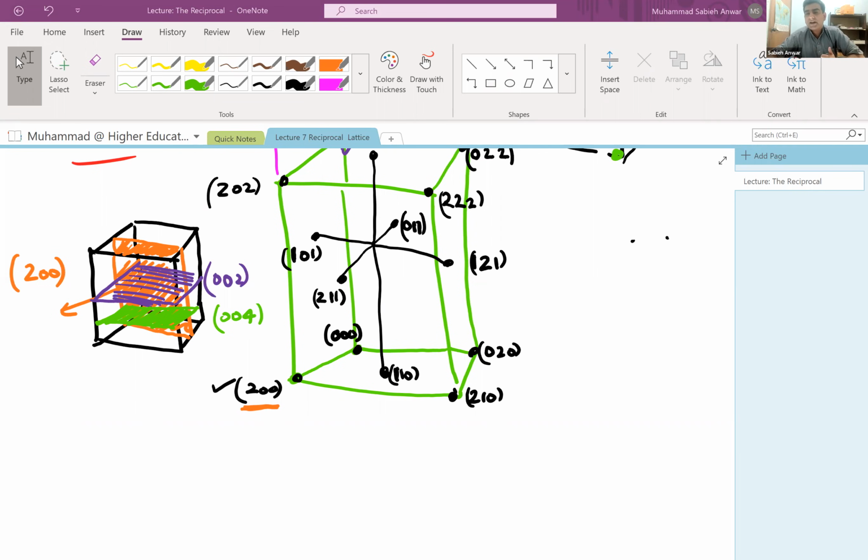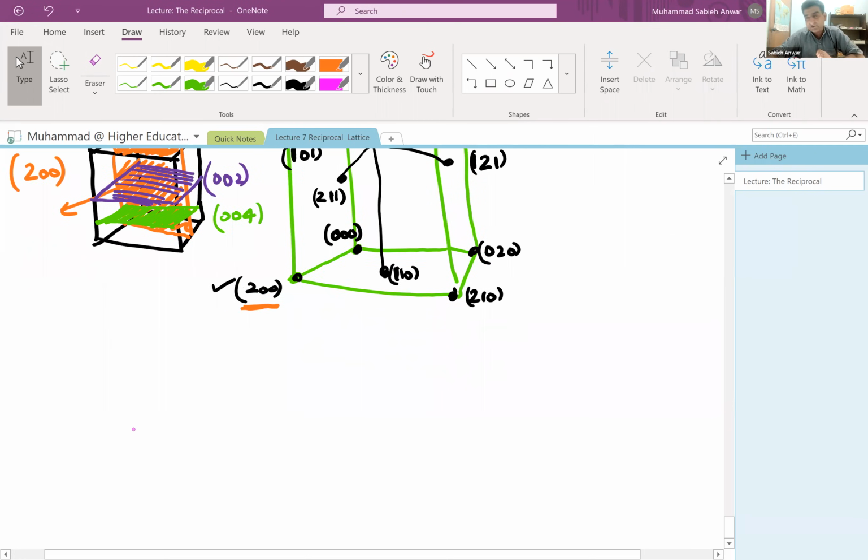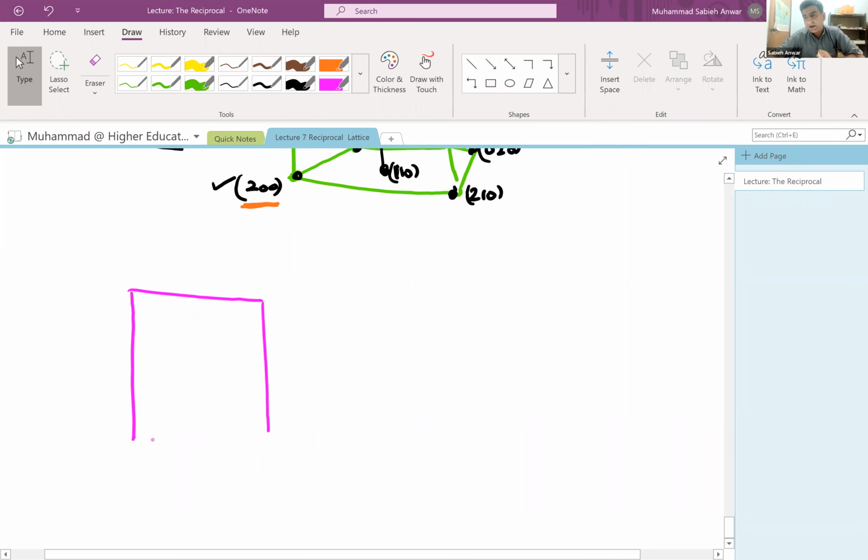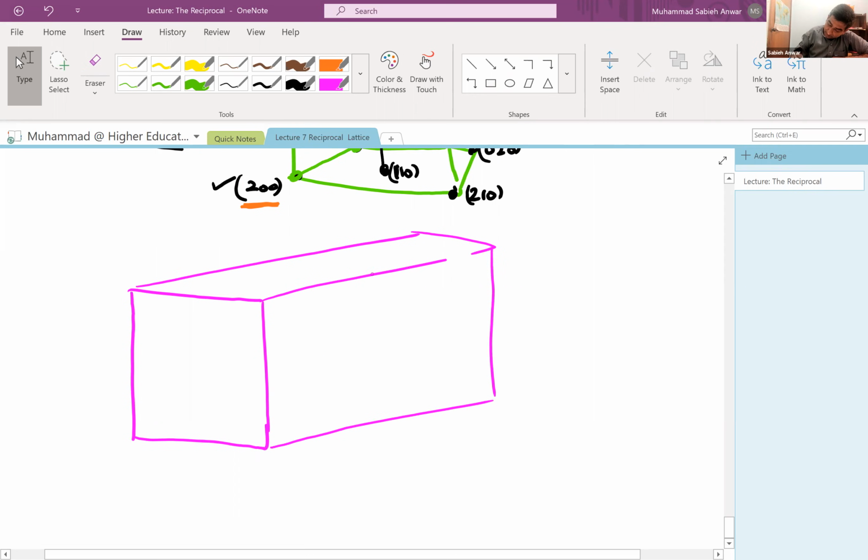The key difference that I find very interesting, and I would like to highlight this, is that in the direct lattice, so I draw a unit cell here. Be it face centered, body centered, let's draw a face centered unit cell, orthorhombic.